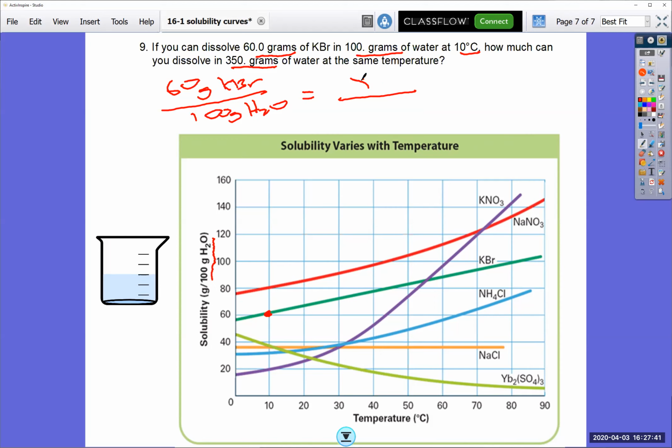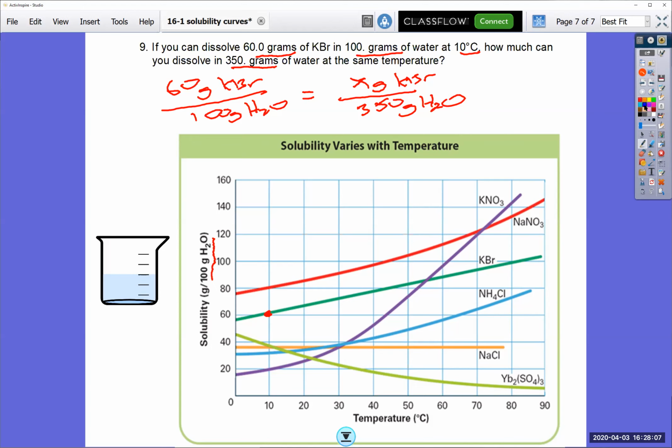So it's going to be x grams of KBr over 350 grams of water. So whenever you do not have 100 grams of water, or some other amount, you're going to have to do this ratio. So 60 grams of solute over 100 grams of water equals the x amount of solute, which in this case is KBr, over 350 grams of water.